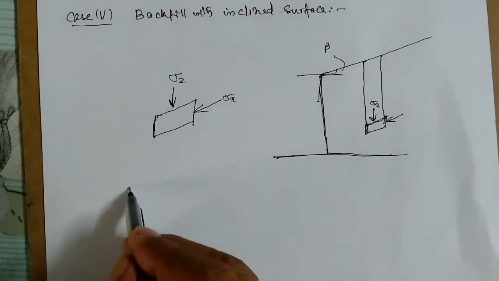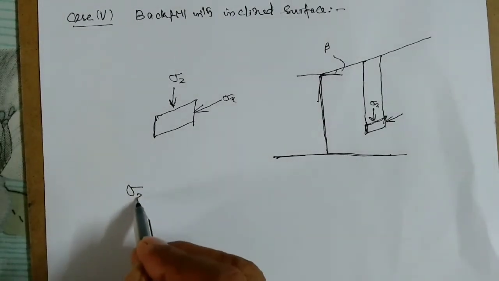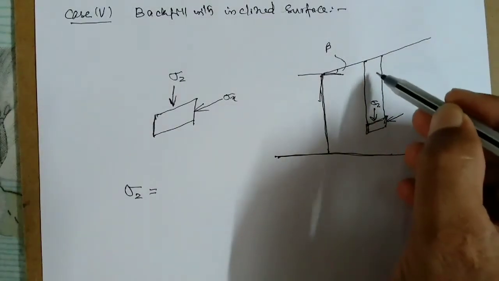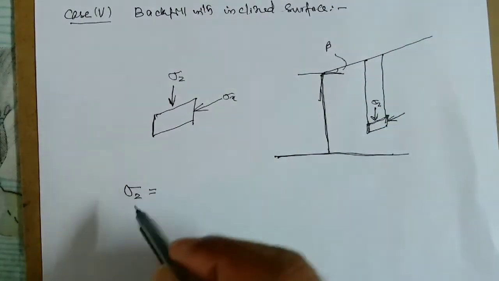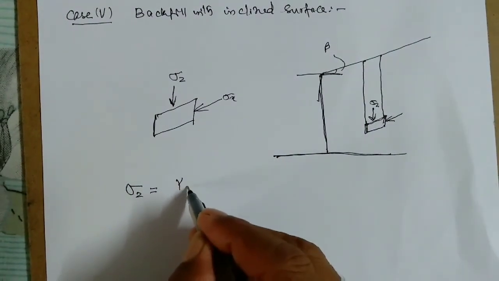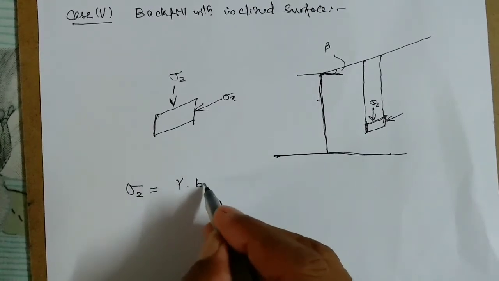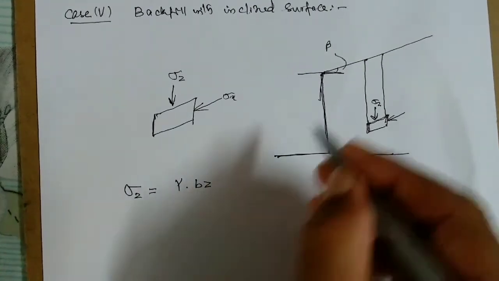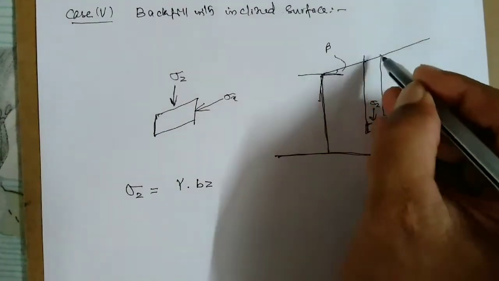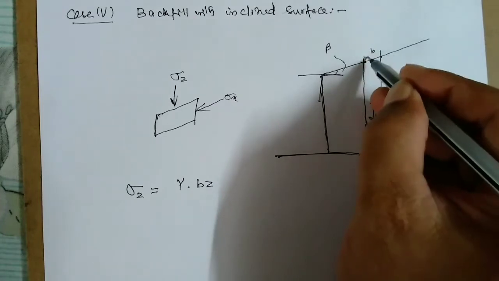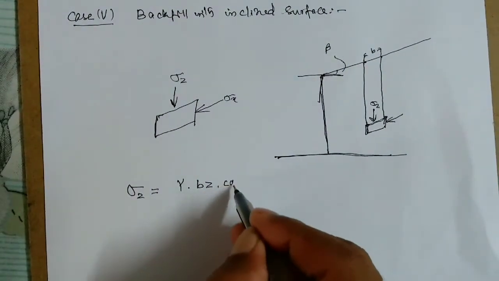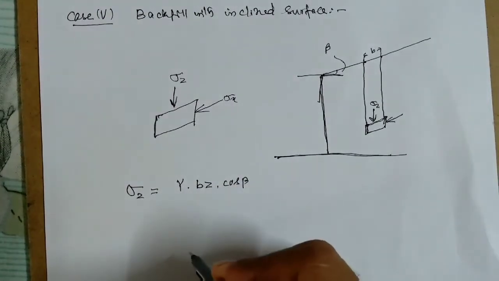Since sigma Z is the vertical pressure coming from the weight of the soil column above the element, it is unit weight of the soil into the plane area of the column with depth as unit, because b is the width of the column, small b, inclined width. So it has to be cos beta.